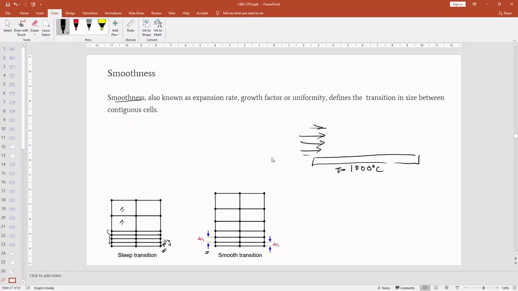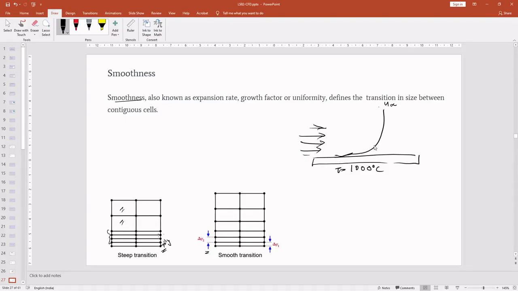We all know how the velocity profile will be. It switches to u infinity, the free stream velocity, and this transition should be smooth.